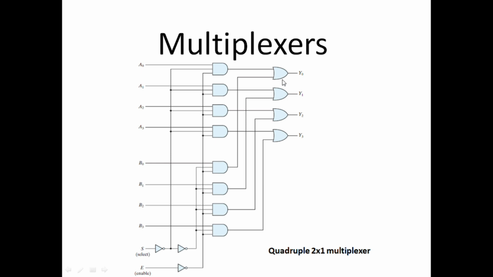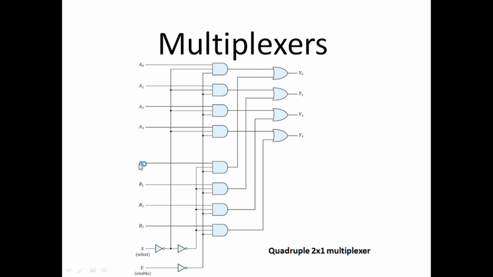With each OR gate, one input is taken from the upper group and the second input to this OR gate is taken from the lower group of AND gates, and similarly for the other OR gates.